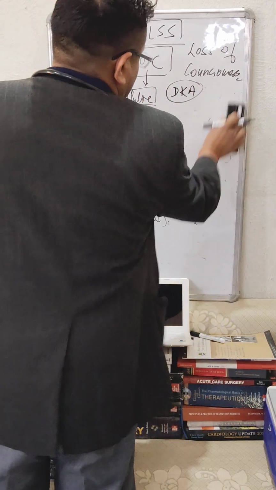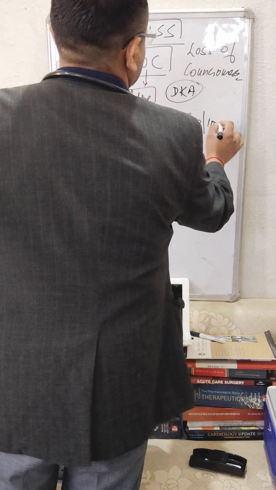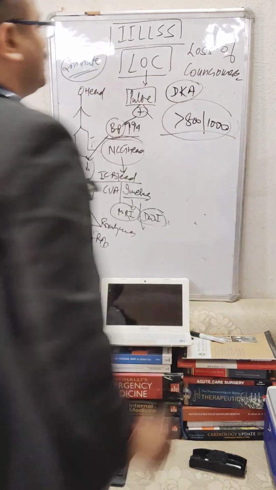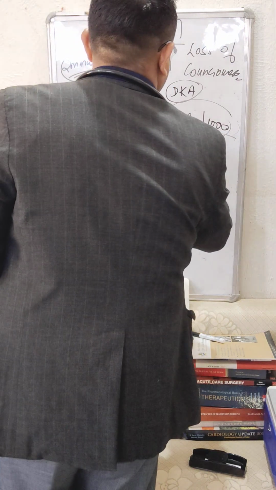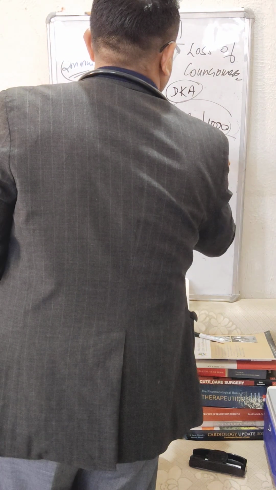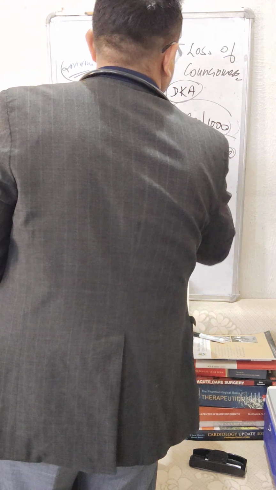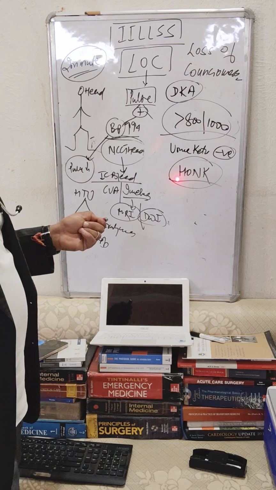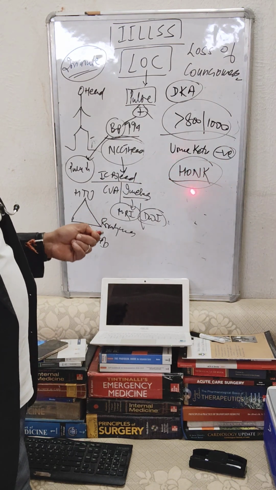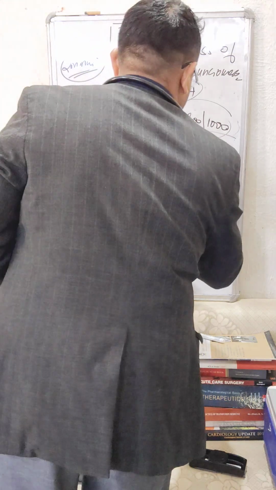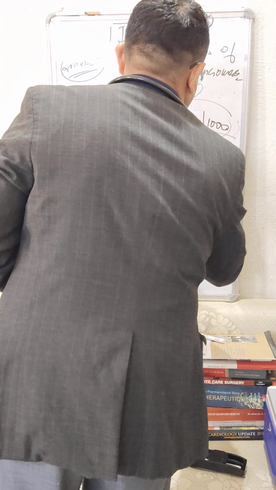If the patient's sugar levels are more than 800 or more than 1000, but ketones are negative, urinary ketones are negative, then this condition is called HONK, hyperosmolar non-ketotic coma, or HHS, hyperosmolar hyperglycemic syndrome.